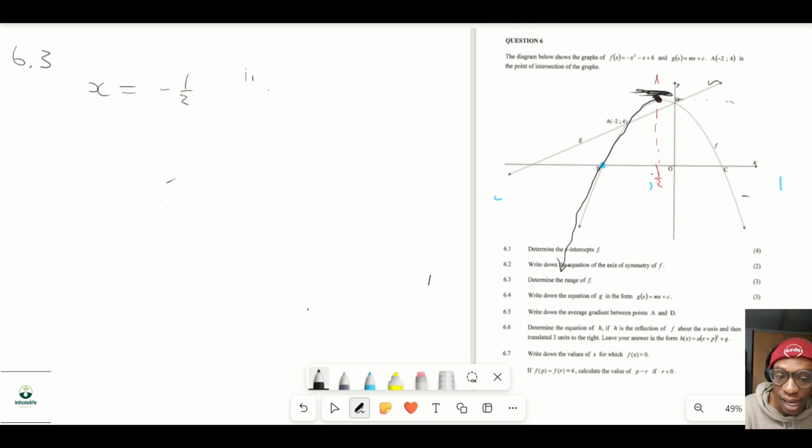We do have the x coordinate of the turning point, but we don't have the actual y coordinate, which is the very coordinate we need to determine the range.